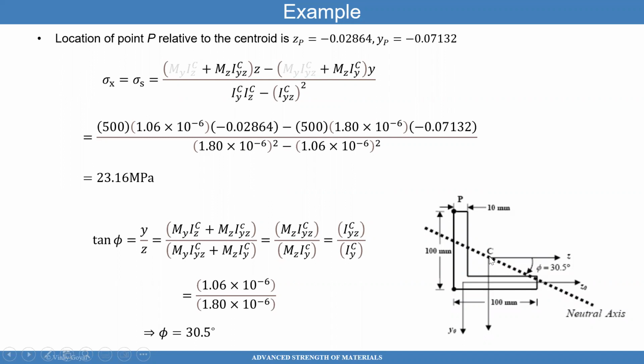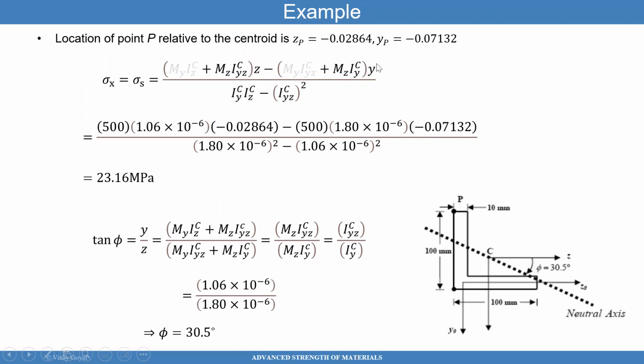So relative to the centroid, I have to figure out what distance that is, the coordinates of that point relative to the centroid, and I get that z is 0.02864 relative to this point. I can then calculate: Mz is 500, and then the moment of inertia Iy is 1.80 times 10 to the minus 6.